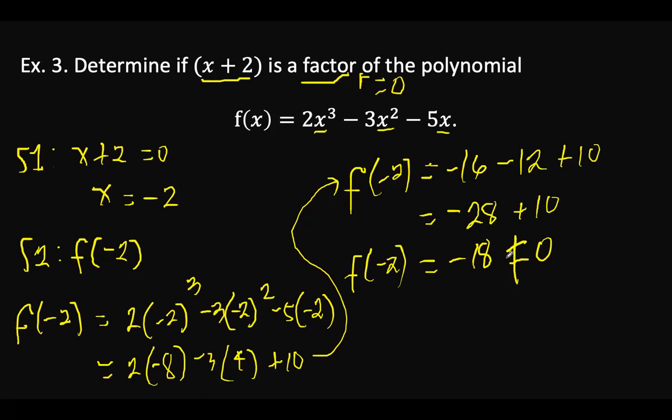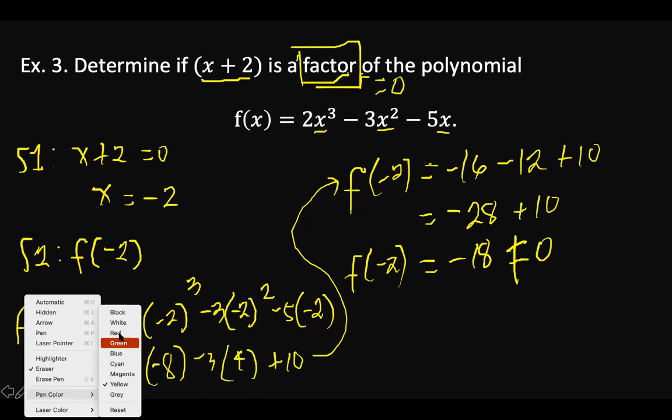So therefore, since hindi siya 0, sabi natin magiging factor lang siya kung ang remainder ay 0. Since hindi siya 0, therefore we could say that x plus 2... okay, let's write our final answer, our conclusion.